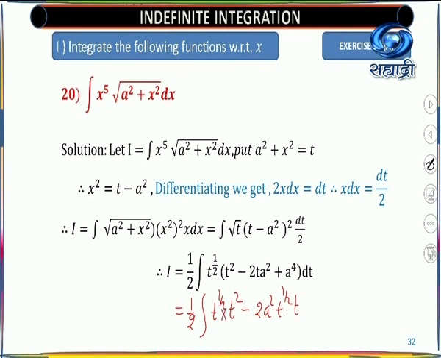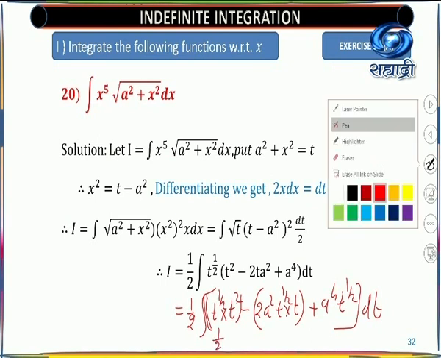Here it is a product, don't forget. And these are separate terms. So here and plus a raised to 4, t raised to half dt. This is the complete expansion. In this expansion also half as it is.